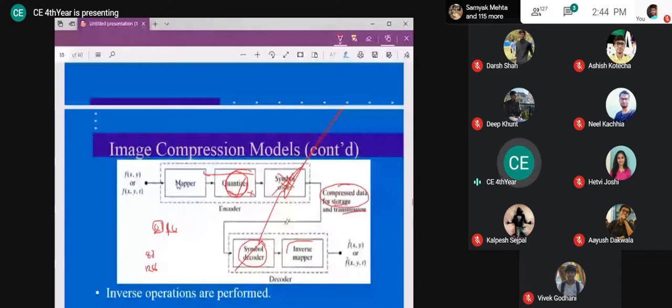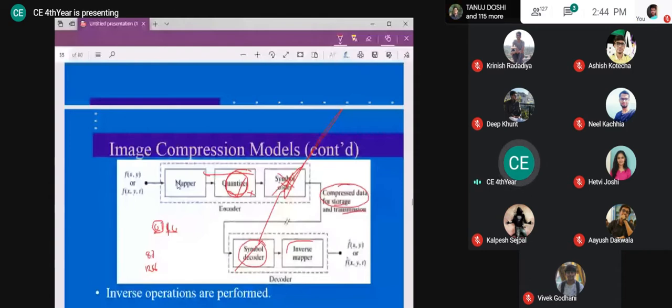Okay, so now what is the methodology? Suppose the probabilities are given for six symbols. A1's probability is 0.1, A2's probability is say 0.4, A3's probability is say 0.6, and A4 and A5 are given like this.